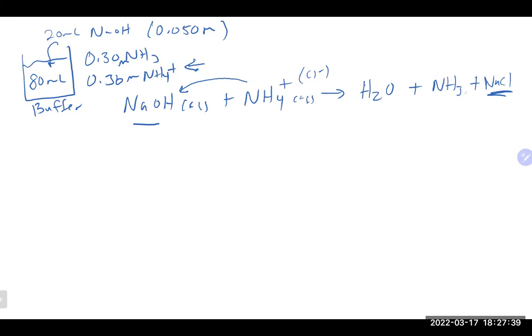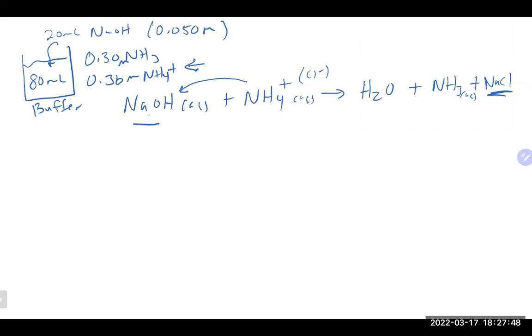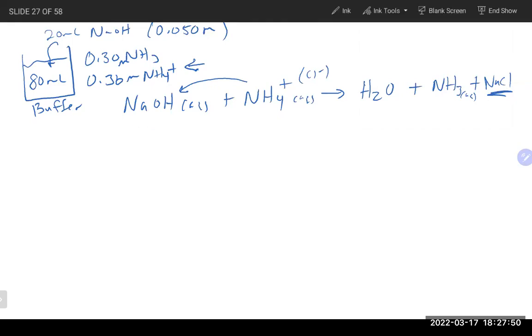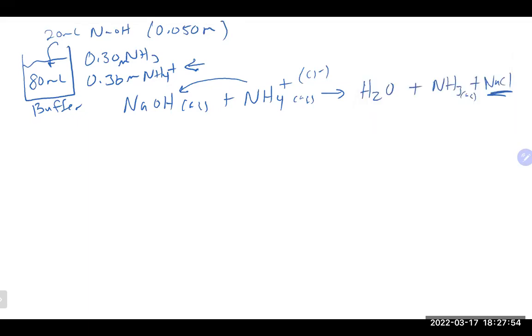At this point, we do want to do this table in moles in this case, right, because we are adding volume. So we want to get the moles of everybody here. So we'll do the moles of our sodium hydroxide first.